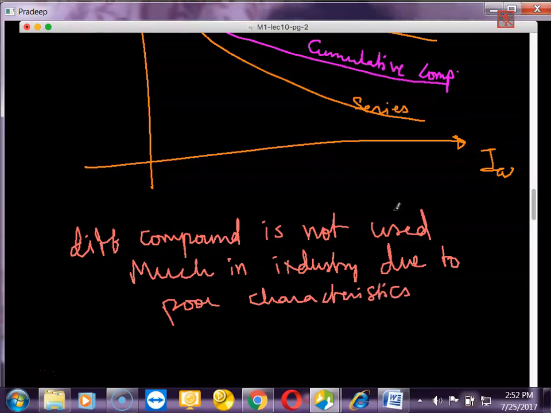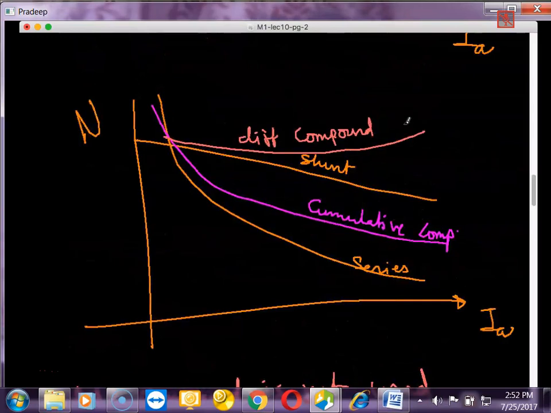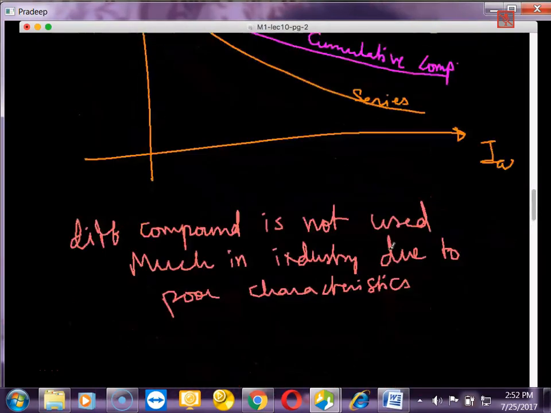See here the speed is increasing with increase in the load, so that is not expected. Such a motor will not be used.